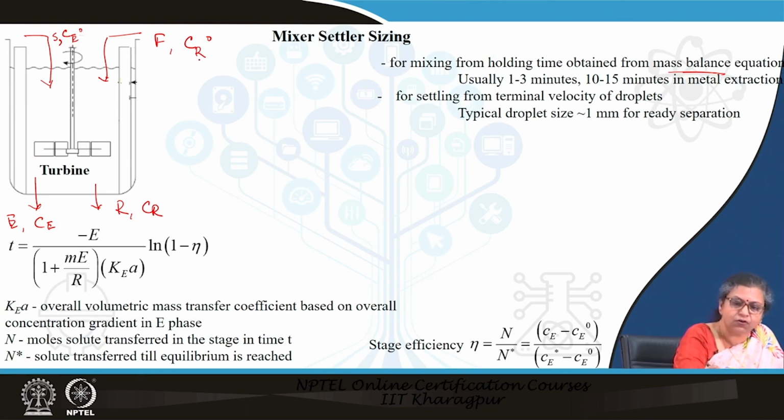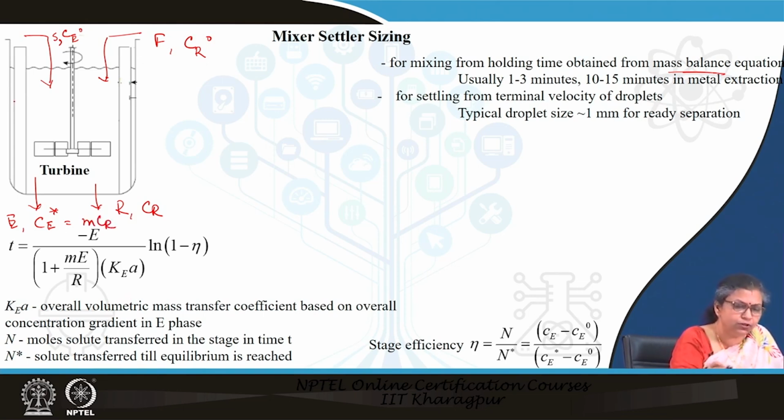In the raffinate, the concentration changes from Cr0 to Cr, and generally this Ce is in equilibrium with Cr. So if we can assume a linear equilibrium curve, under that condition C star will be equal to mCr.